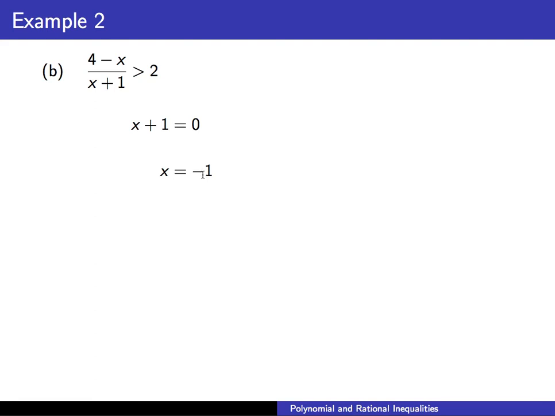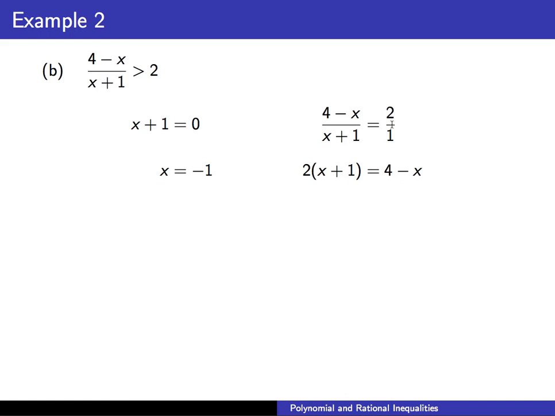Now, for the second part, we're going to treat this like an equation. So 4 minus x over x plus 1 equals 2, or 4 minus x over x plus 1 equals 2 over 1. And then you can multiply both sides by x plus 1 to clear out your fractions. Sometimes people refer to this as cross multiplication. So in any event, you're going to get 2 times the expression x plus 1 equals 4 minus x.